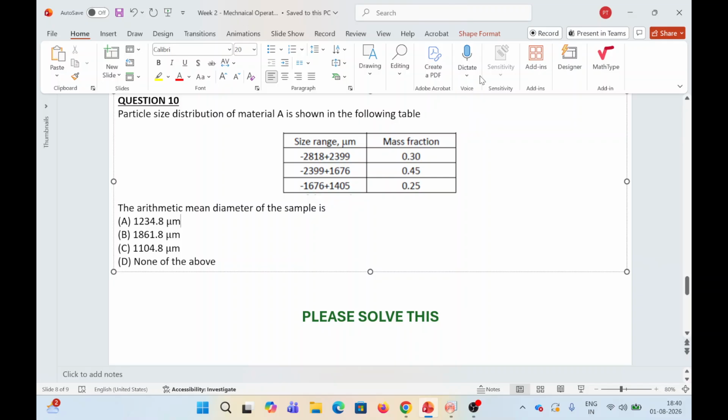So, first, what should we do? Any leads for this problem?